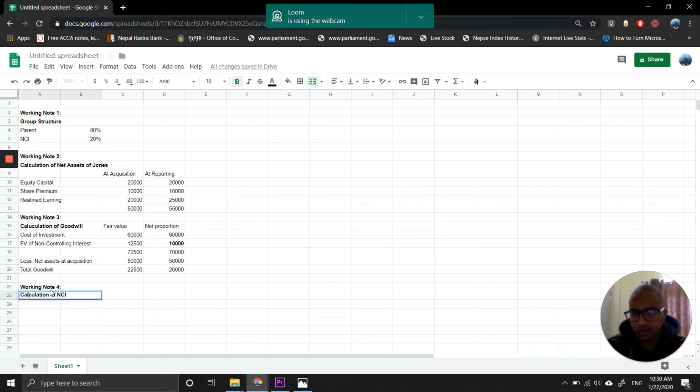So our fair value of non-controlling interest is already here, 12,500. We just bring that particular figure down, and then after that, the share of post-acquisition profit.